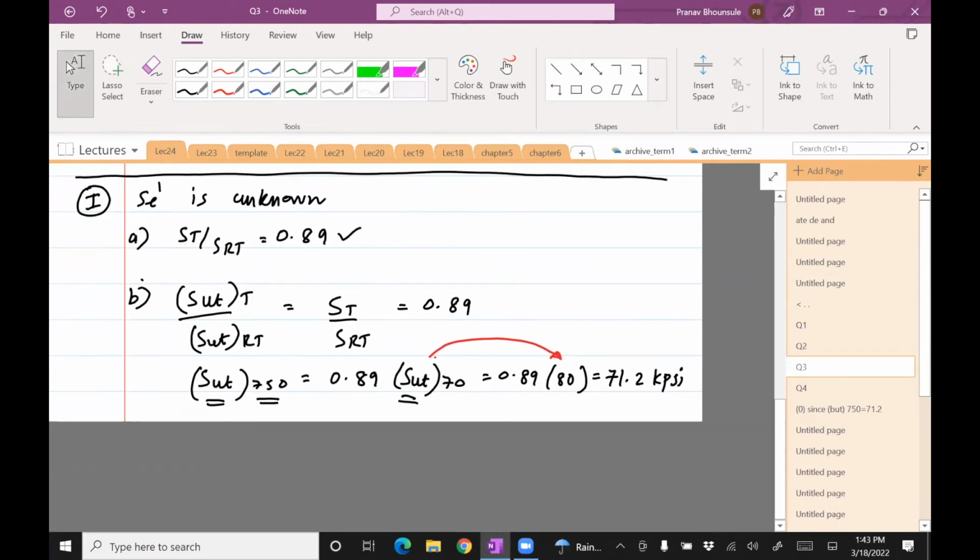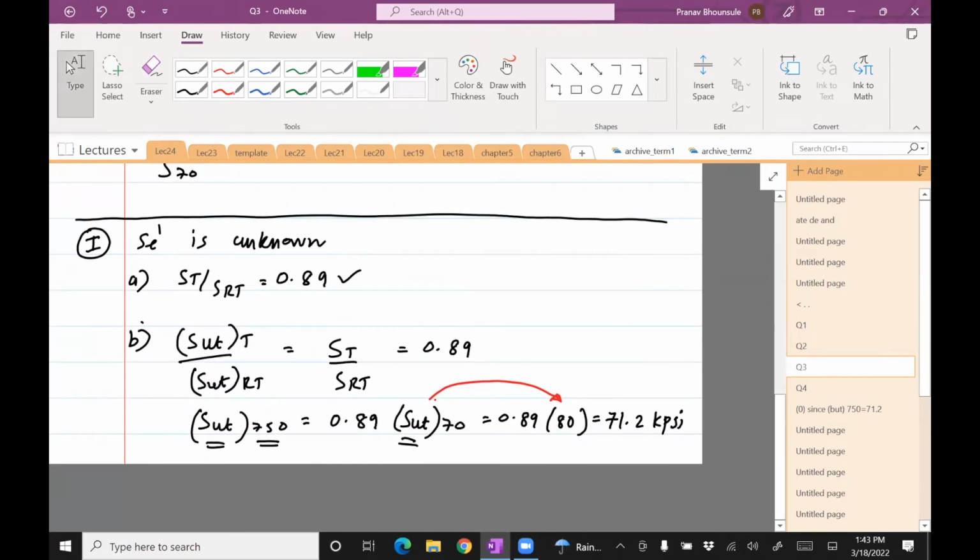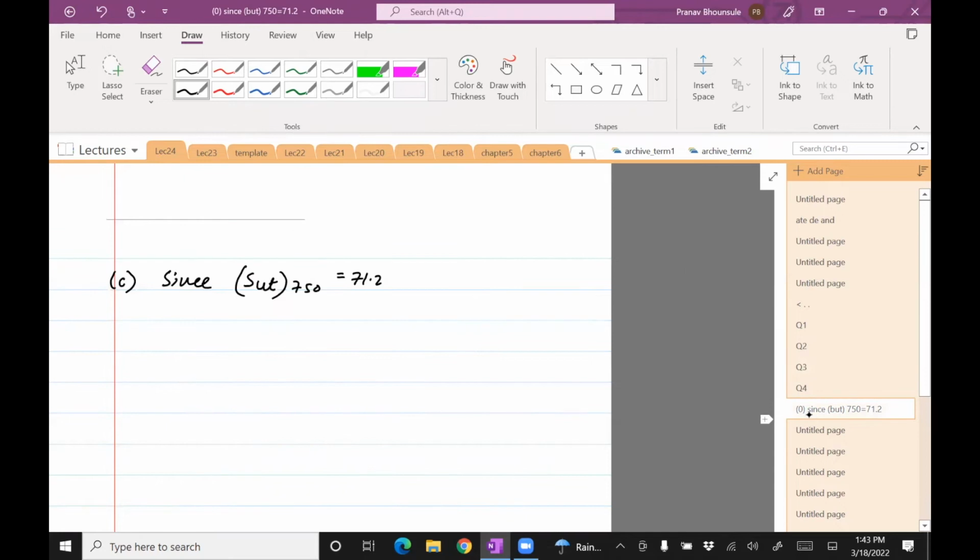You need to get a hang of S. Oh yeah, it's a subscript. So that's 71.2 kpsi, which is less than 200 kpsi, and so we can compute SE prime as 0.5 SUT.